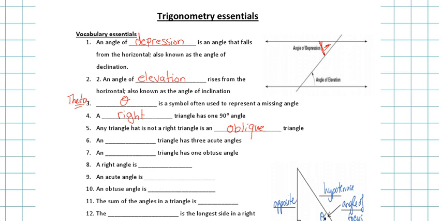So all three angles in the triangle are less than 90 degrees. Now in a triangle you can only have one obtuse angle, because an obtuse is greater than 90. And any triangle with an obtuse angle is going to be called an obtuse triangle.